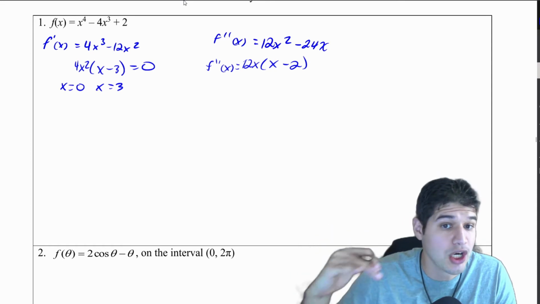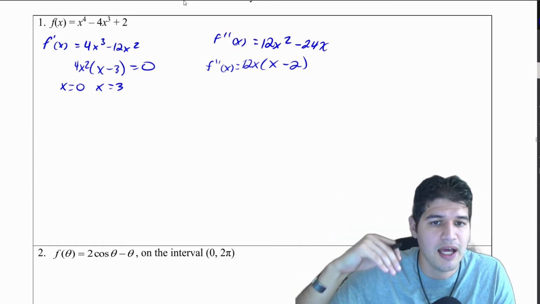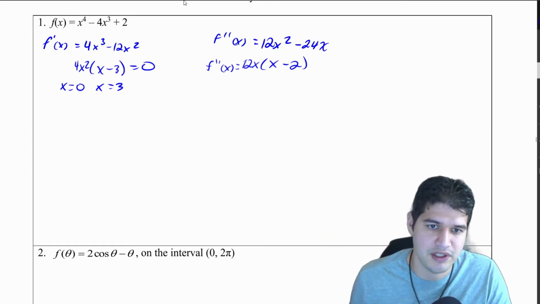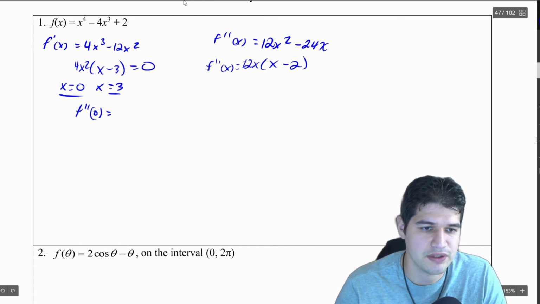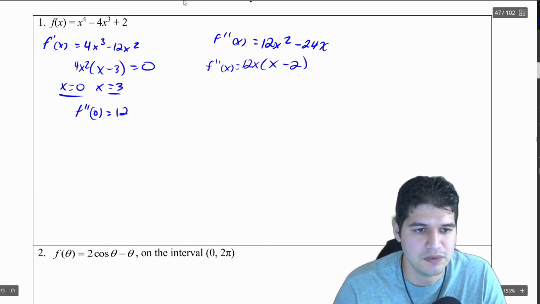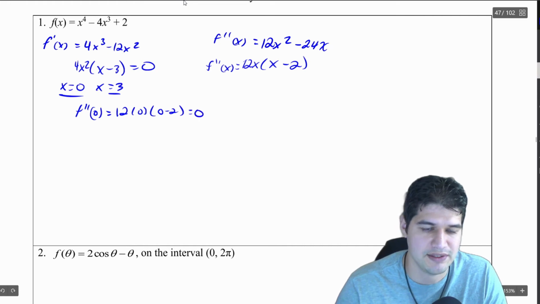So no sign charts here for the first derivative test, I just want to use that second derivative. The second derivative at 0, pulling those from these two values, is 12 times 0 times 0 minus 2, and that's going to come out to be 0.